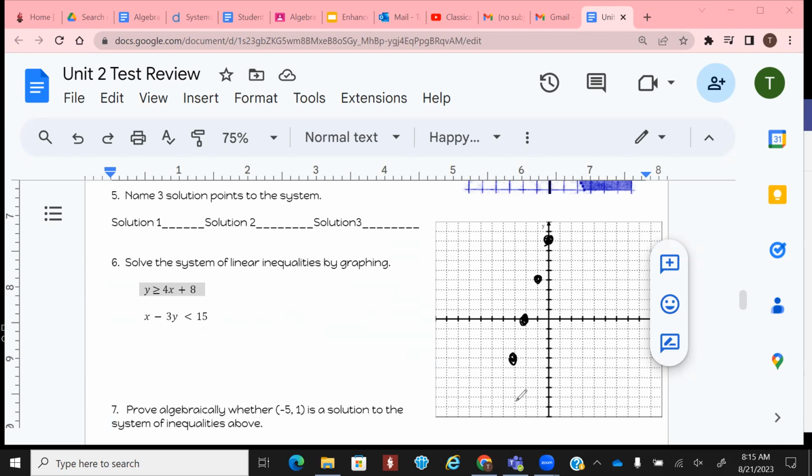1, 2, 3, 4. Is this going to be a solid or dash? Solid. How do we know? Line underneath. And are we going to shade above or below? Above.